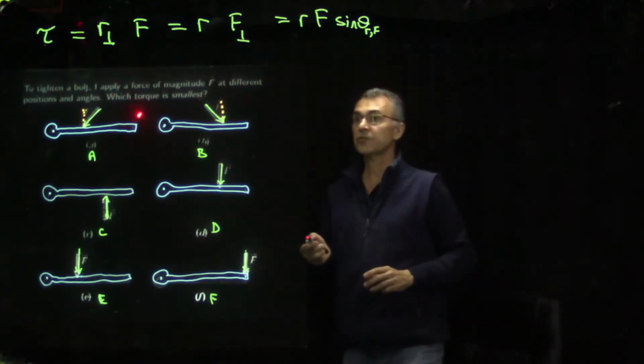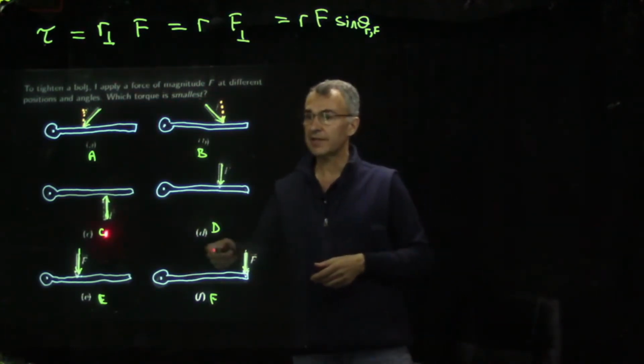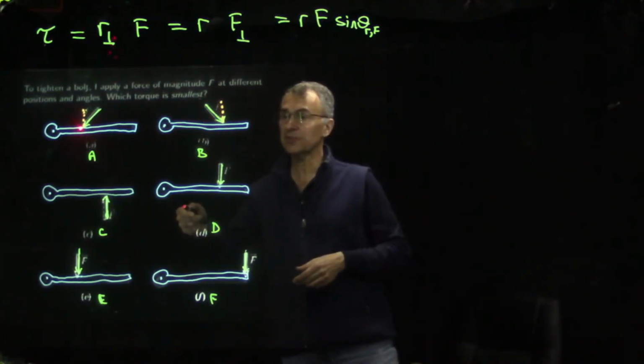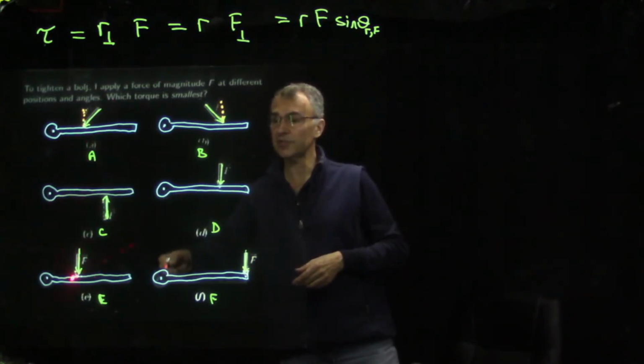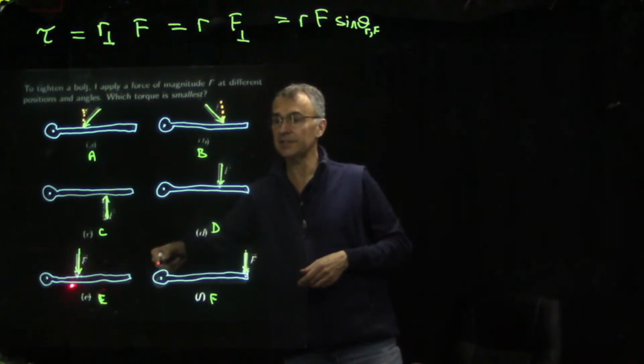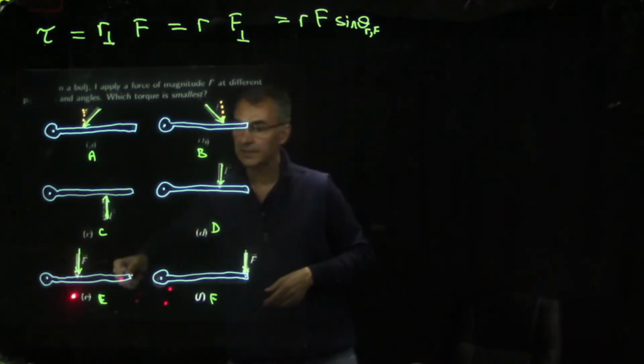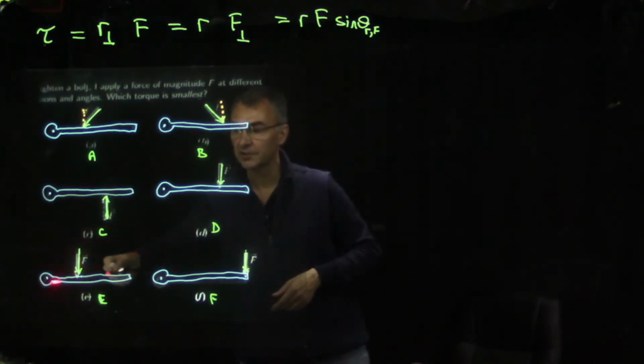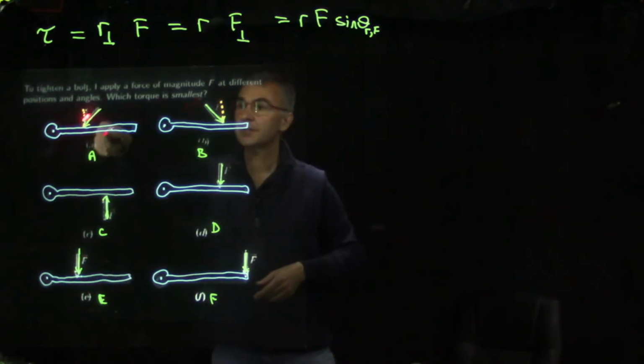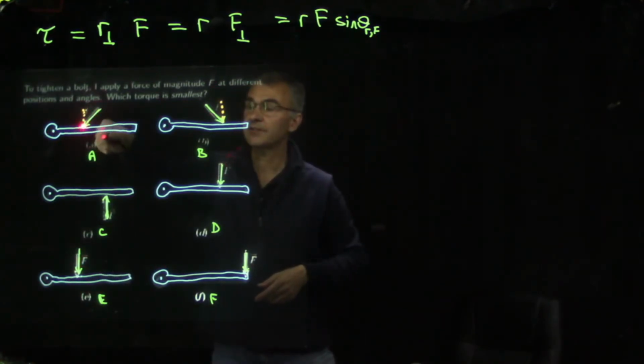Now in this case, which torque is smallest? It seems like the smallest displacement from the axis of rotation is like a tie between A, alpha, and E, echo. However, here the force is perpendicular to the displacement. Here the force is at a funny diagonal angle.